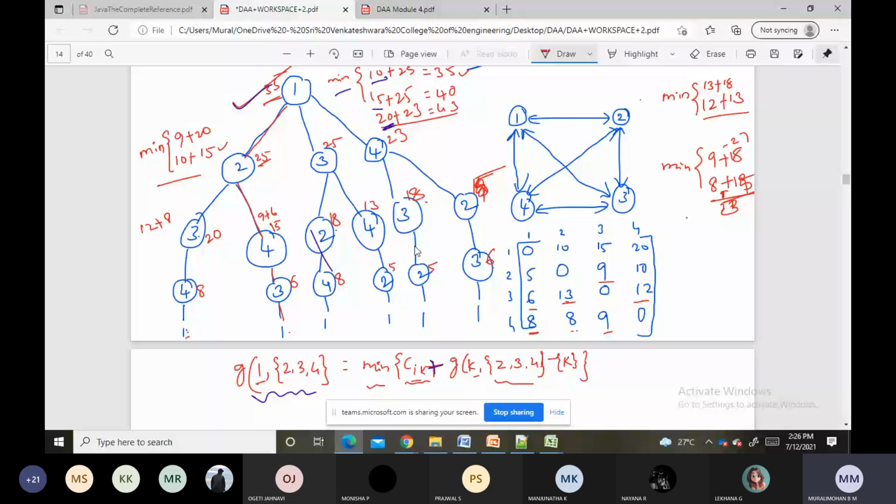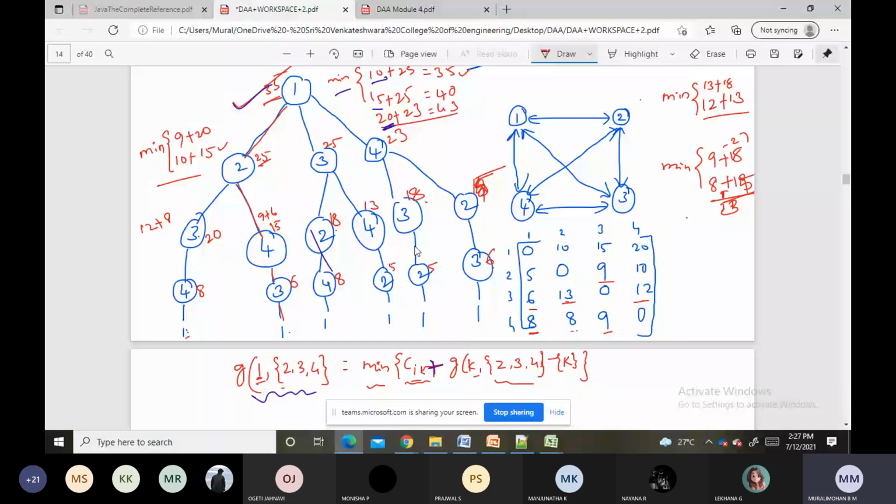Suppose I am starting from vertex 1, then what should I do? Then either I can go to 2 or 3 or 4, right? If the starting vertex is 1, then what are the available routes for me? That is 2 or 3 or 4.